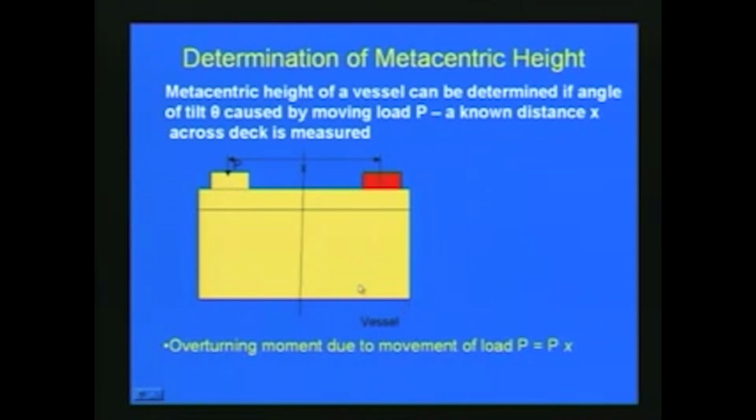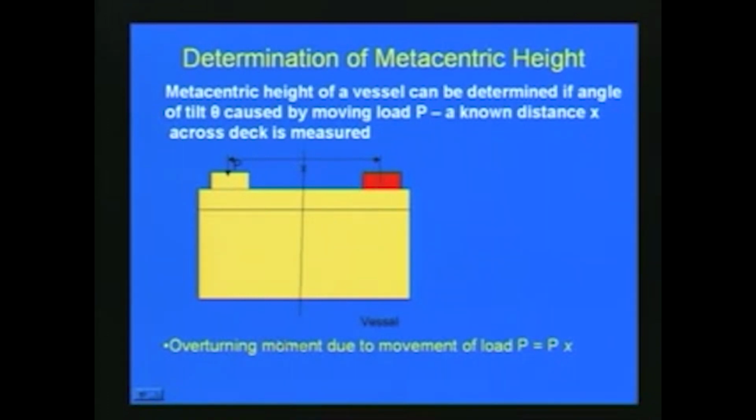So the metacentric height, as we have discussed, we can determine if there is a small tilt theta caused by the moving load, where a distance x across the deck is measured. So that is the metacentric height.